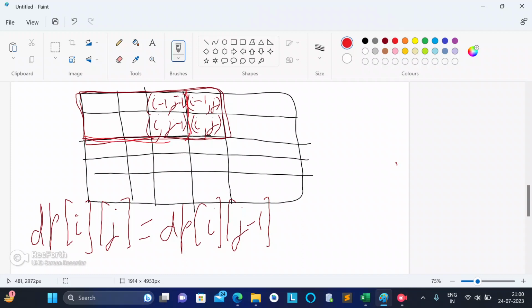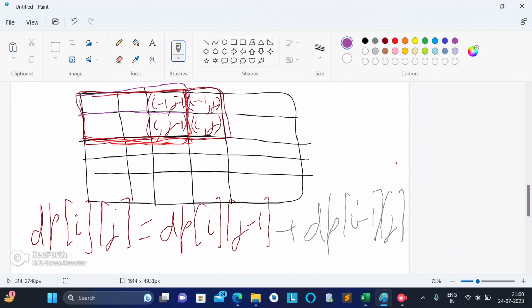So what does dp of I and j minus 1 represent in the grid? dp of I j minus 1 represents this section, plus dp of I minus 1 j. dp of I minus 1 j represents this section.